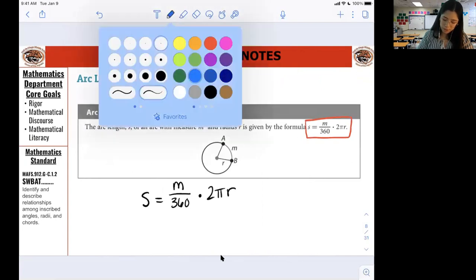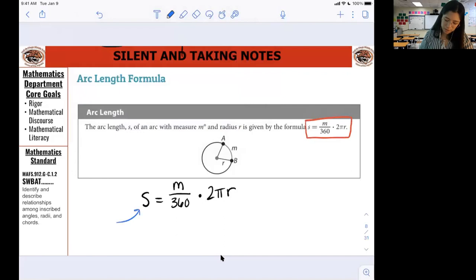And we're just going to label each part of it. So S is the arc length. M is what? The angle measure of the arc. It's kind of hard to remember the difference. S is the whole length.